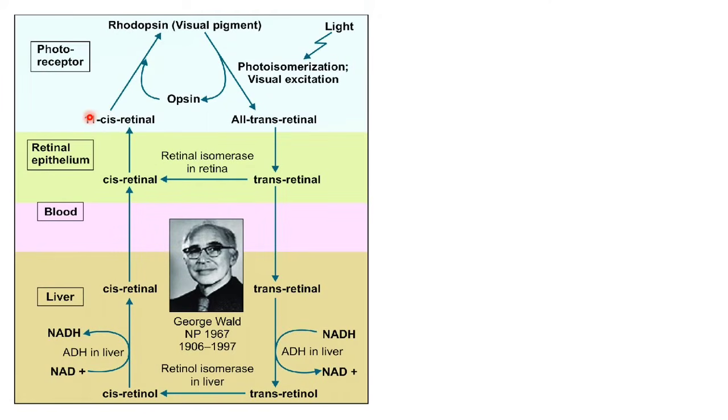So this is Wald's visual cycle. As we have already discussed, rhodopsin, which is a visual pigment, contains opsin and 11-cis retinal. When light falls on the retina, photoisomerization occurs, and opsin dissociates from the rhodopsin, and the 11-cis retinal present in the rhodopsin is isomerized to all-trans retinal.